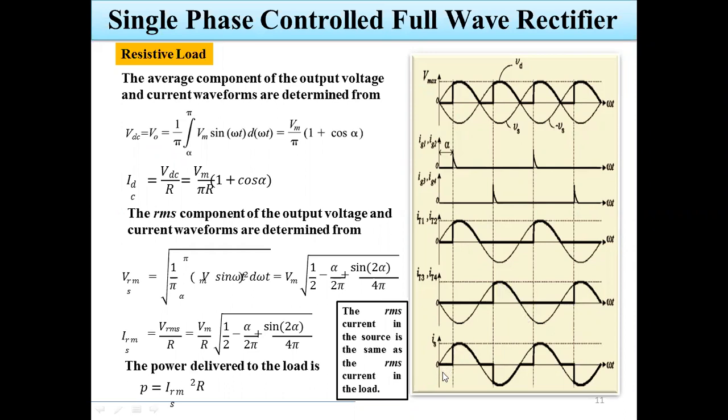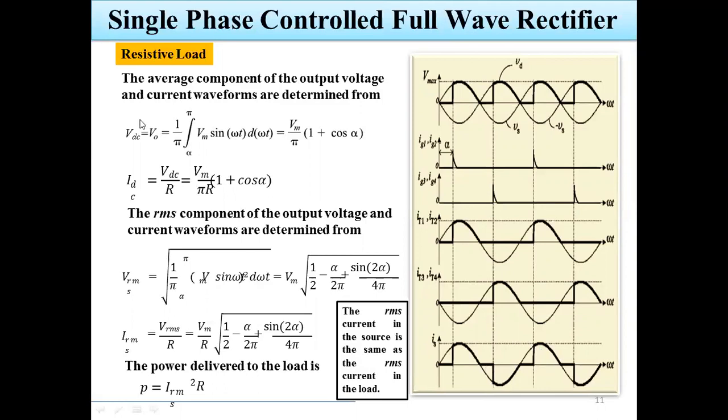The current is shown for both the positive and the negative half cycles. For the voltage, it is shown with a positive magnitude, that is the average value. But for the RMS value of the current, it should be negative; for the negative half cycle also we are conducting, so it should be shown like that.